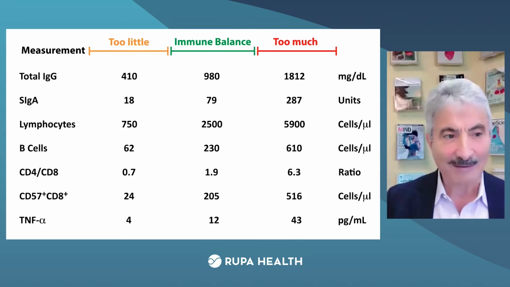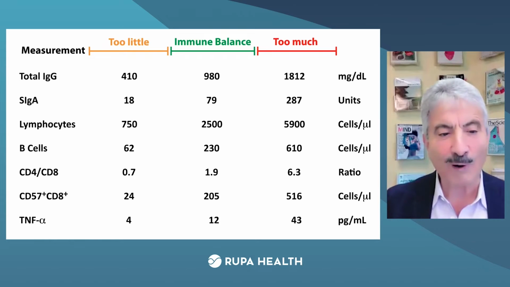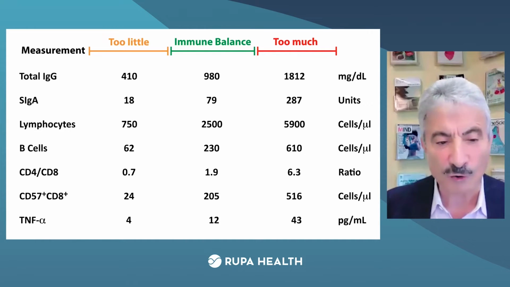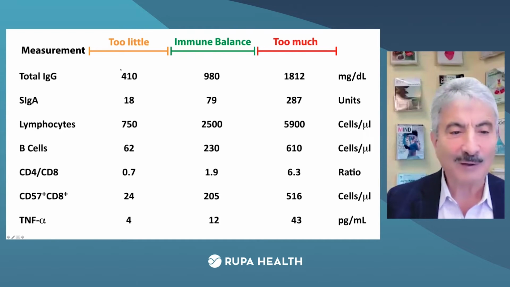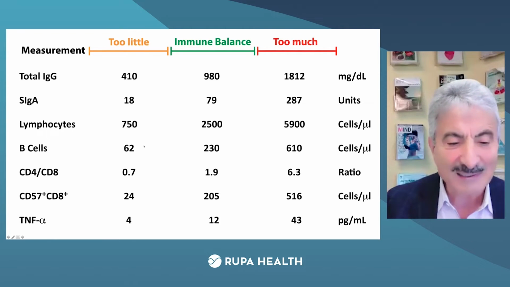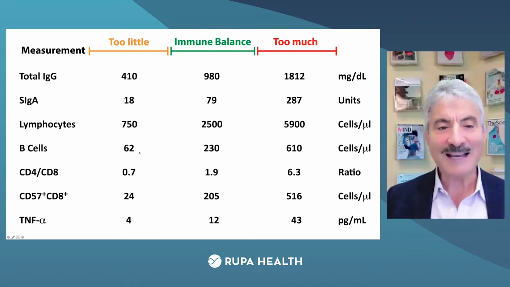That shows that there is a connection between humoral and cell-mediated immunity. When one of them is affected, the other will be affected automatically. And the reason is because, for example, for total immunoglobulin or secretory IgA, if the B cells are low, the B cells are going to produce fewer of these antibodies.